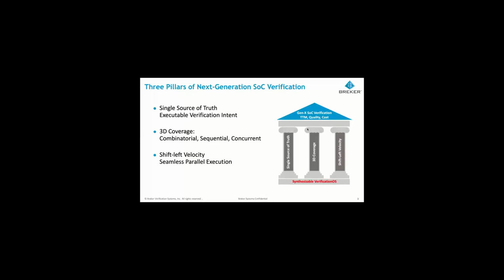Coverage, of course, takes on a different meaning at the SoC level. We have our very typical sort of coverage models, but we also need to be thinking about concurrency coverage, which we'll talk about in a sec. And from an efficiency point of view, shift left is now becoming a much more important focus, making sure we can do things in parallel.